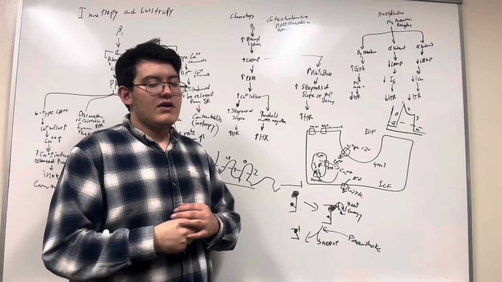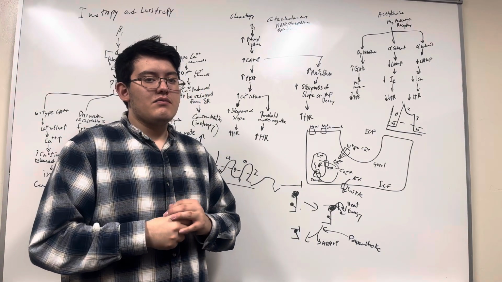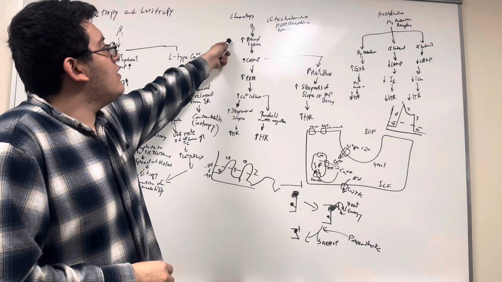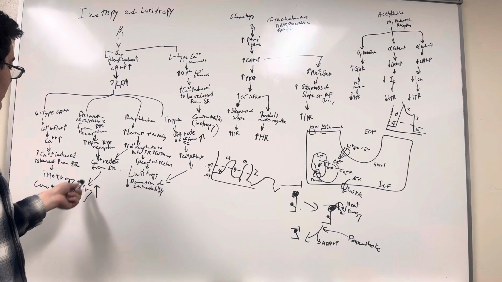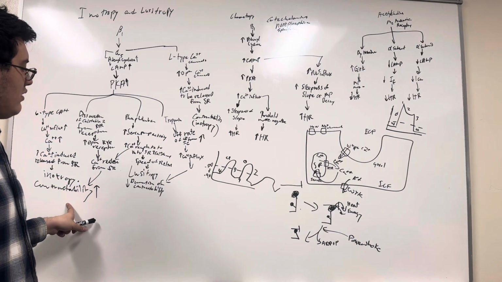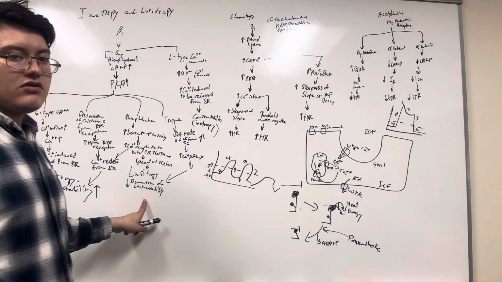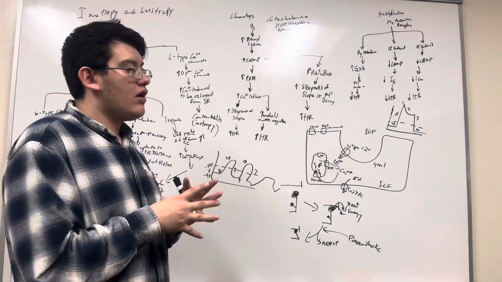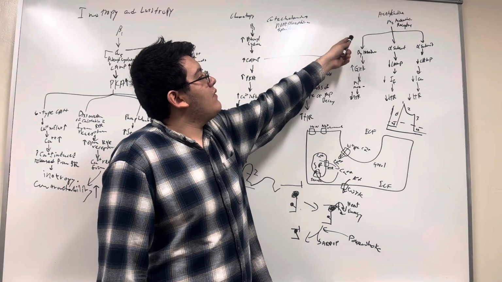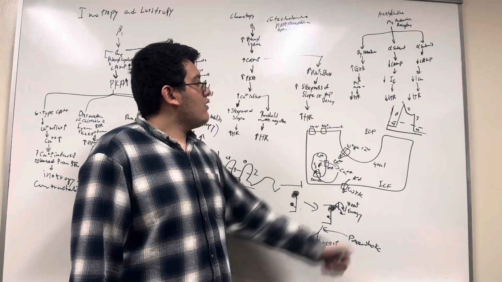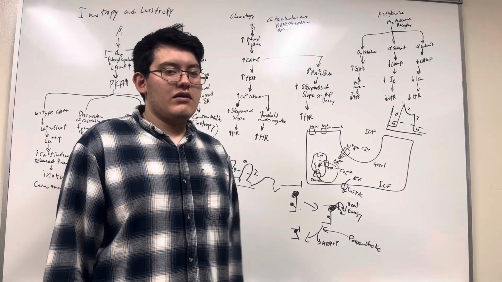So for a brief recap, we've learned that beta 1 will increase our heart rate, can increase the contractility of our heart, and decrease the duration of these contractions so that they can happen a lot quicker. But if they bind with acetylcholine, it'll actually decrease our heart rate instead.